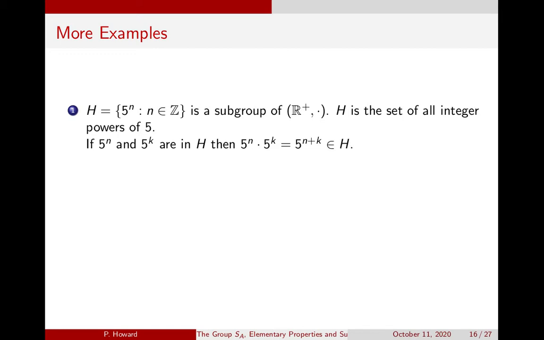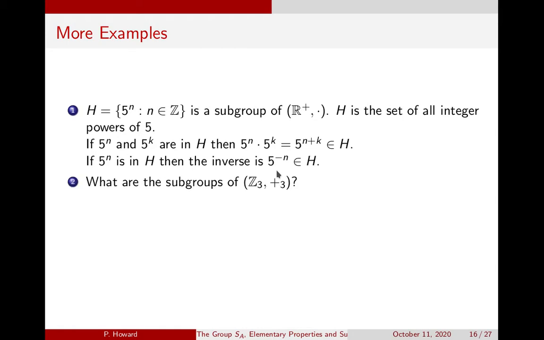And finally, if you take an element of H, say 5 to the n, then its inverse under the operation of multiplication is 5 to the minus n. Right? 5 to the n times 5 to the minus n is 1. So H is closed under taking inverses.